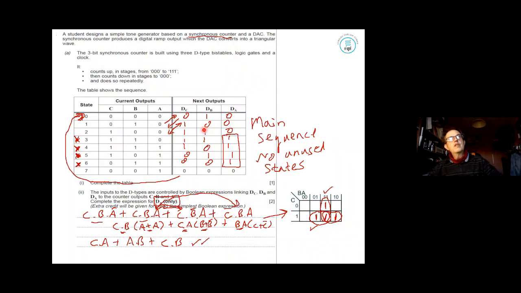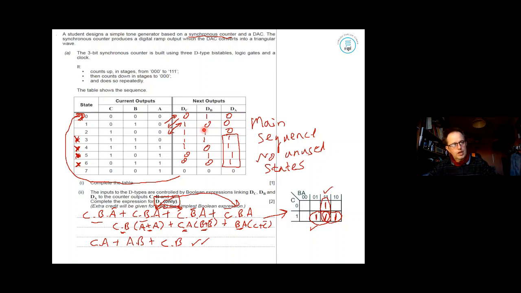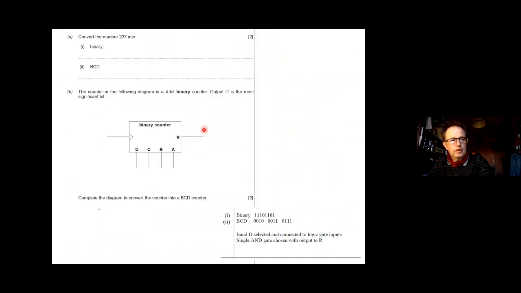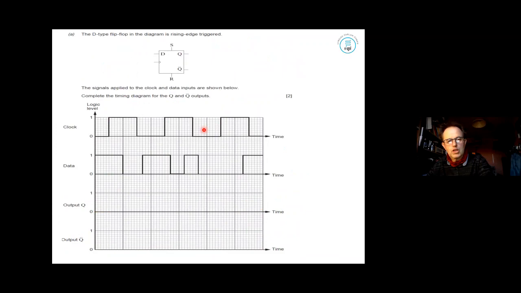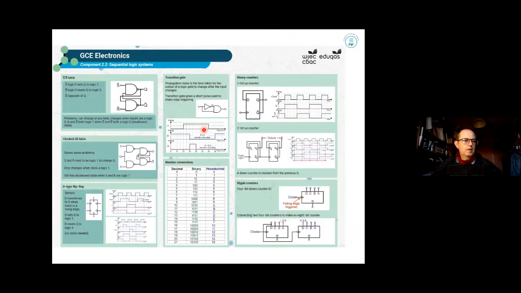Okay, so that covers basically all the variations in terms of counting. Okay, using binary counters, you've got your transition gates, and you've got your sequences. So just to have a quick recap on what is required from memory, I would say, so from memory, being able to draw a not S, not R bistable latch is really important.